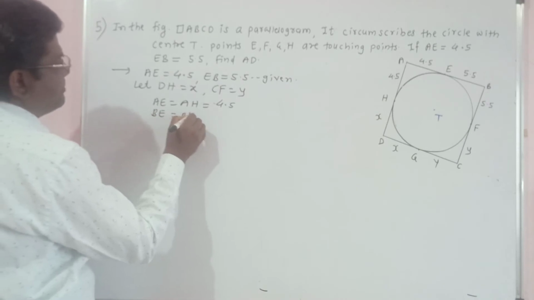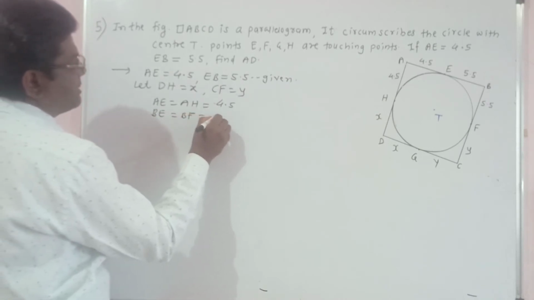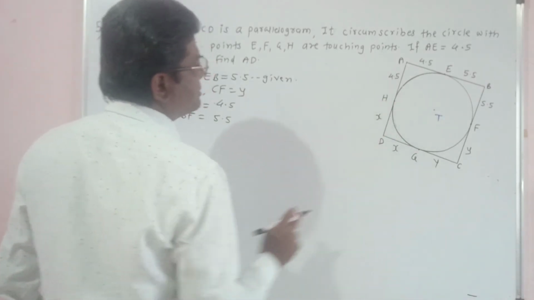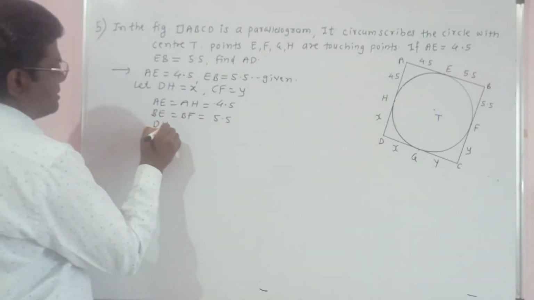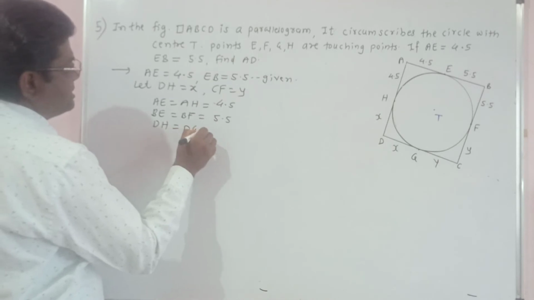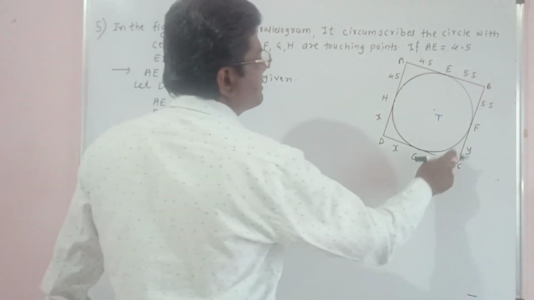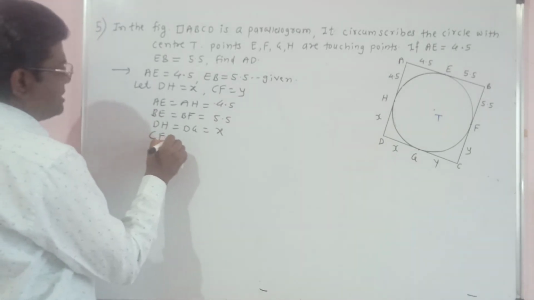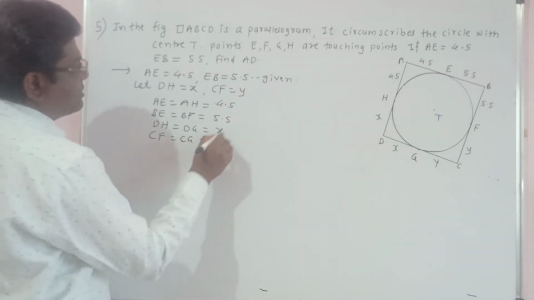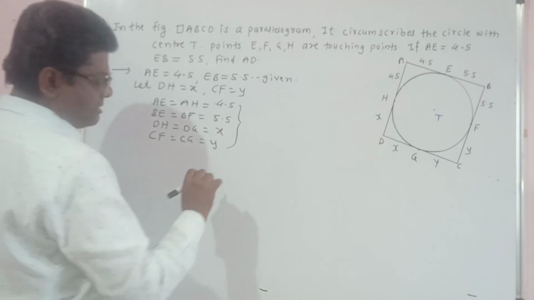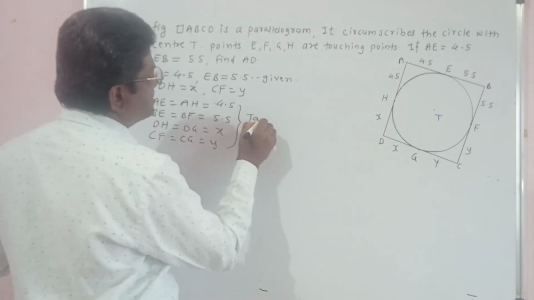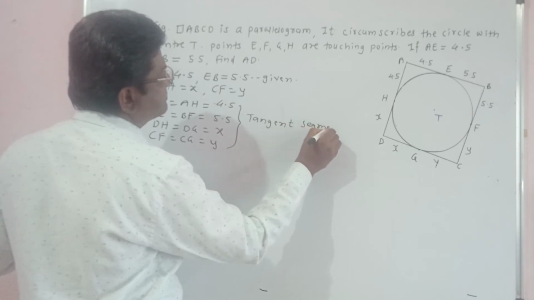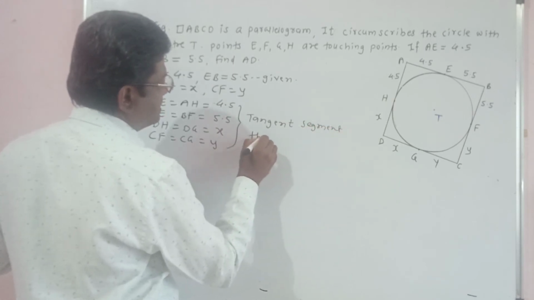BE is equal to BF is equal to 5.5. DH is equal to DG. DH is equal to DG is equal to X. CF is equal to CG. CF is equal to CG is equal to Y. Reason is a tangent segment theorem.